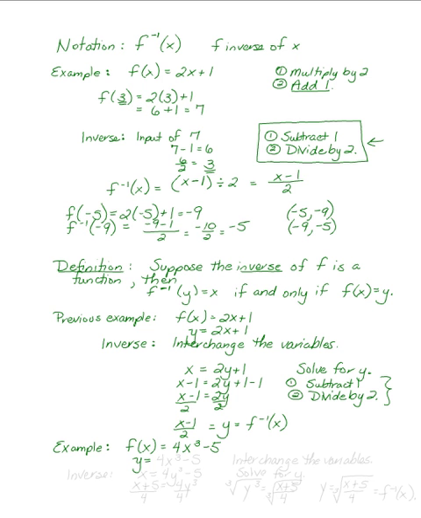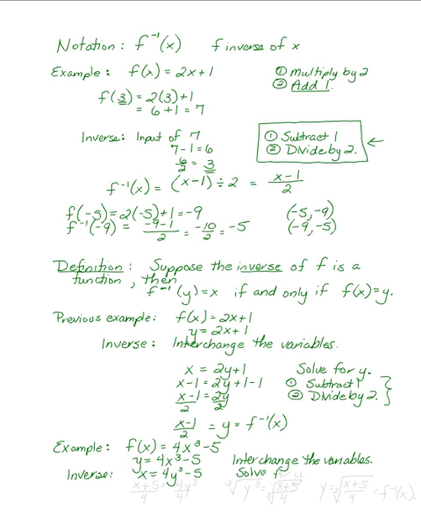So I get y equal to 4x cubed minus 5. Then I'm going to interchange my variables for the inverse. The minute you interchange those variables, you actually have the inverse. We're going to have x is equal to 4y cubed minus 5, but again, solve for y.